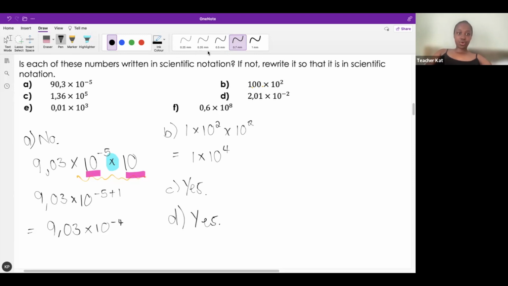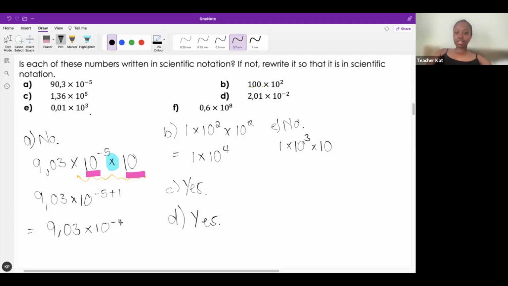No, because 0,01 is less than 1. That's too little. Okay, so let's move it. Where do I want my comma? We want it after the 1. So I'm going to say 1 times the 10 to the power of 3 that was already there, times the new 10 that we're doing.